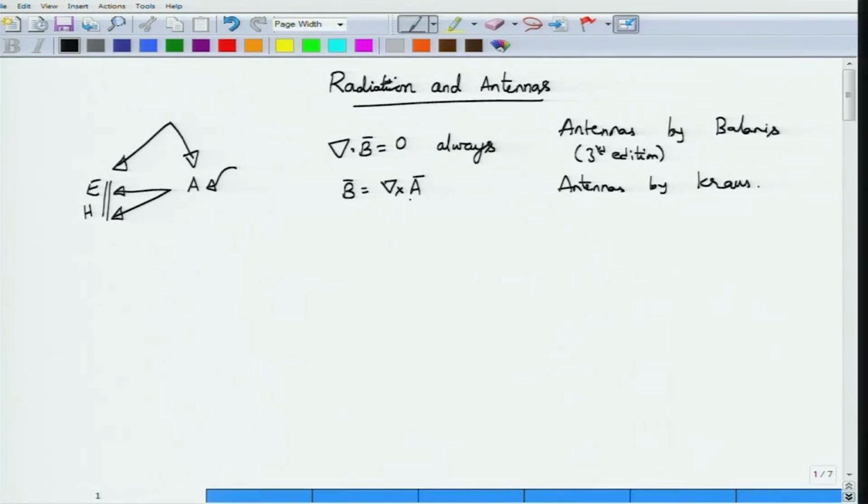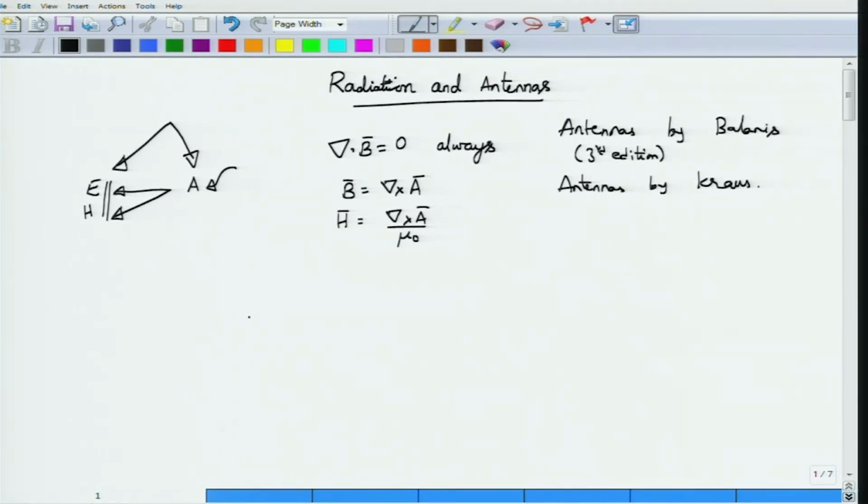This other quantity is the magnetic vector potential A. So we write B as del cross A. Since B and H, at least in free space, are connected just by the permeability of free space, we can also write H in terms of the curl of A as curl A divided by mu 0. So at least one equation we have obtained in which we see that H is the curl of A.